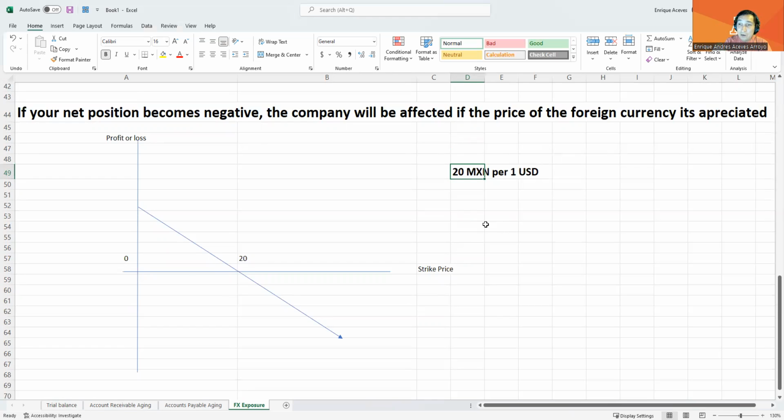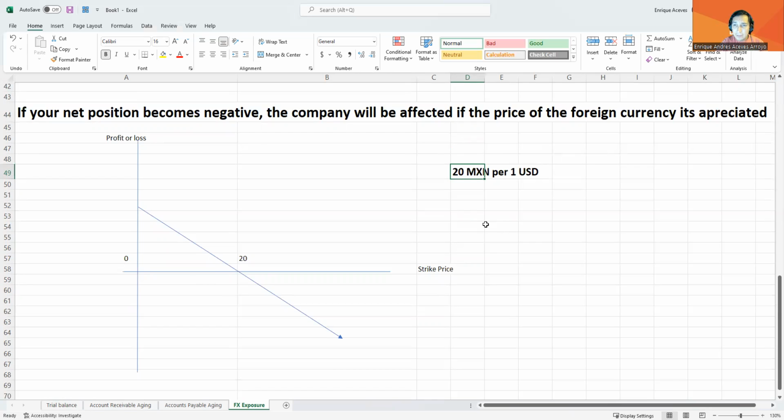So you have to cover yourself in this situation if your analysis of that foreign currency gives you a result of an appreciation of that currency.